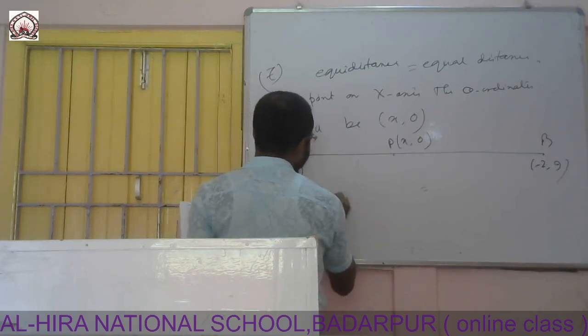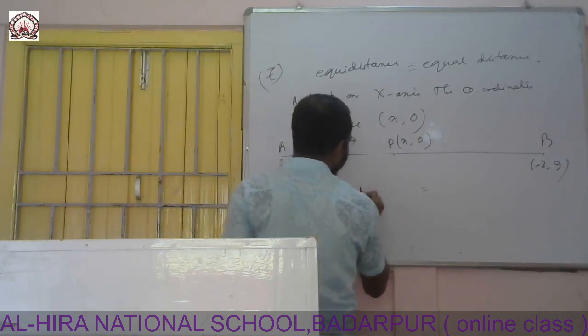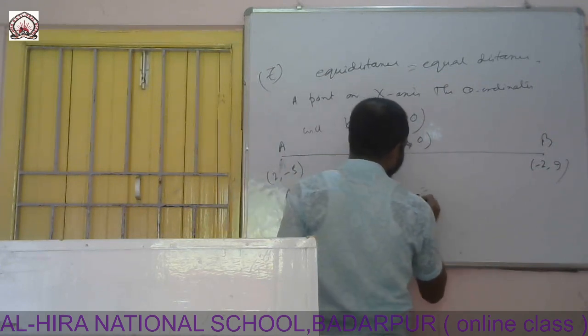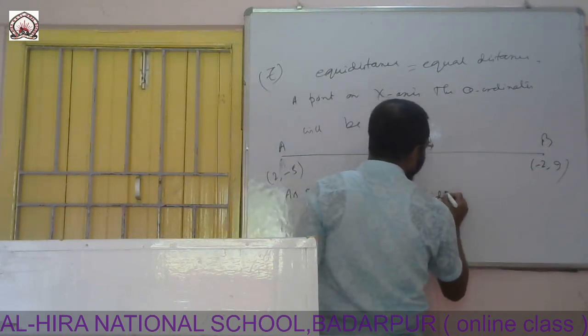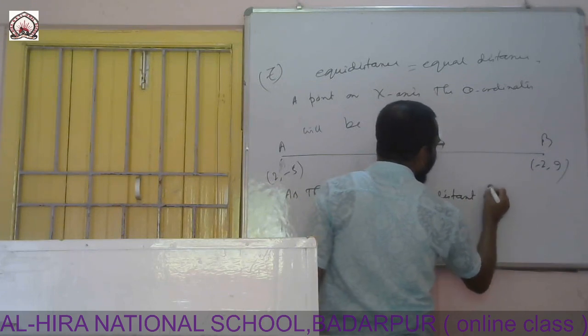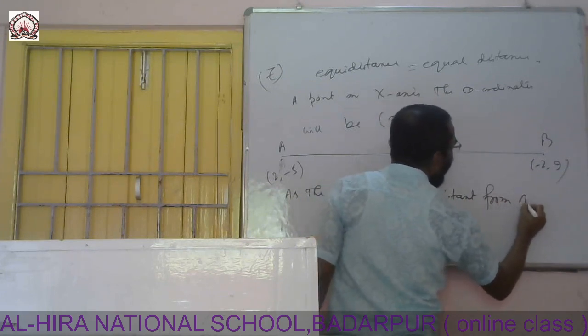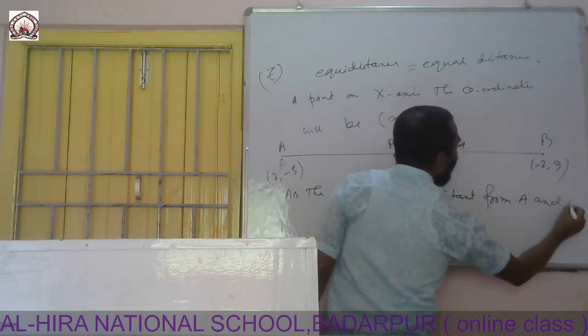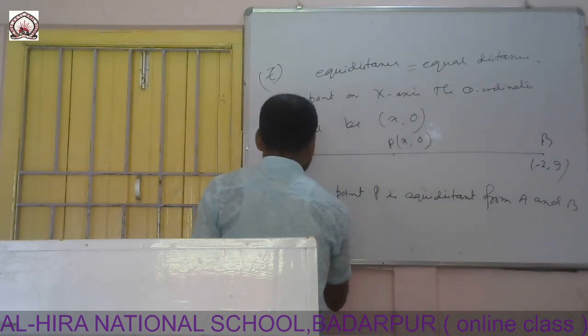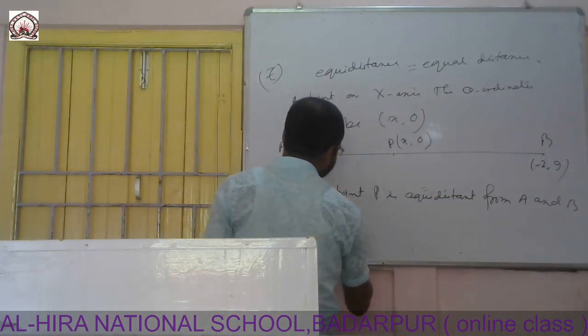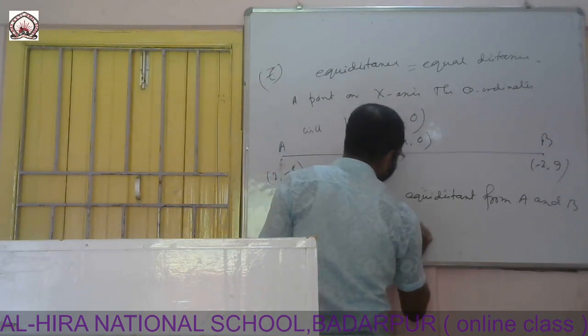as the point P is equidistant from A and B, so PA is equal to PB.